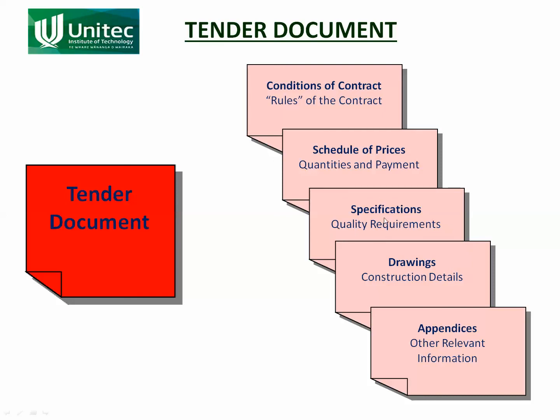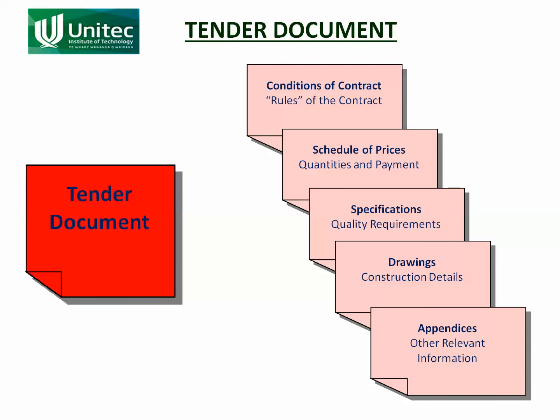The next part is the specifications, which is a written statement of the quality requirements, what standards the materials should be up to, what standards of workmanship are required. So that's a written document. Then you've got the drawings, which are drawings basically of the layout of the works, of the details.